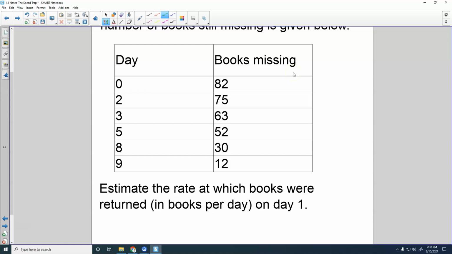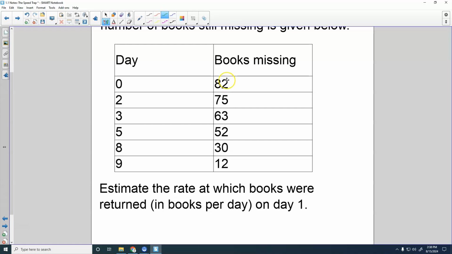So we want to know how many books approximately were returned, or the rate for that on day 1. So 1 is not on our list here. If we want to estimate this in books per day, we want change in books over change in days. That's the slope that we're looking for.